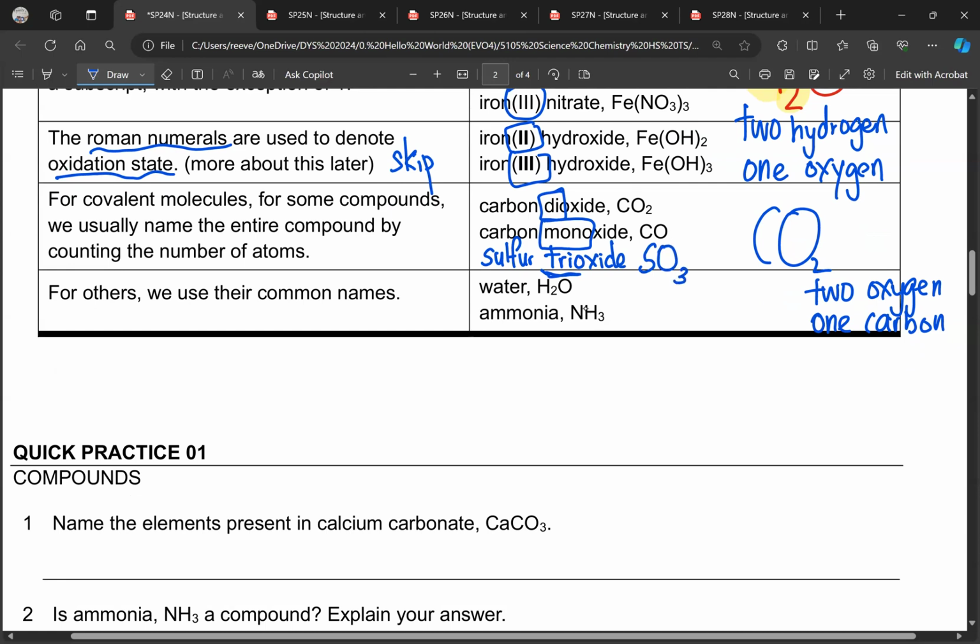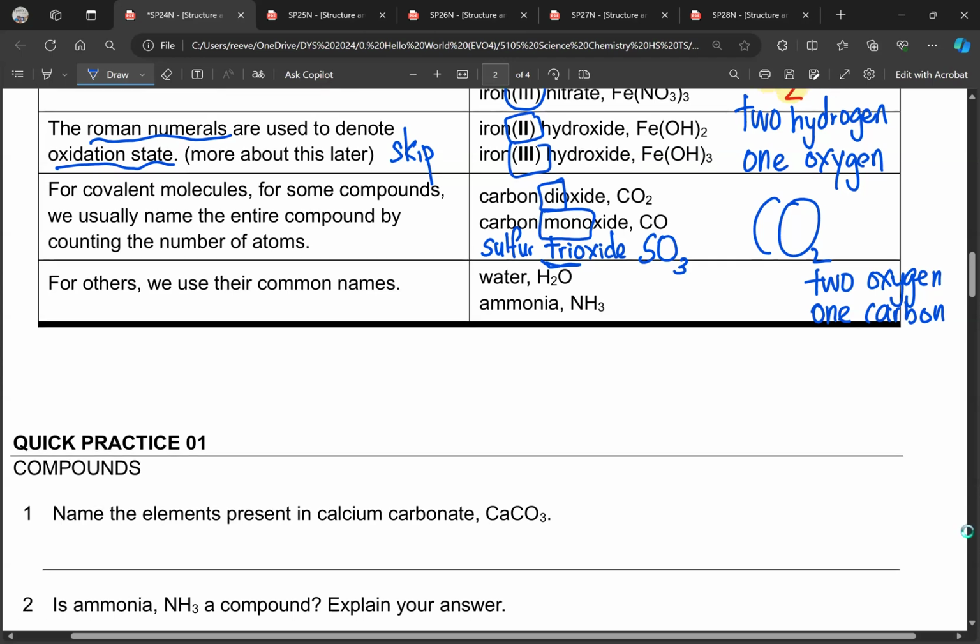So I repeat, sometimes you see the name di, tri. Di means 2, like diameter. Tri means 3, like triangle or tricycle. Mono means 1. Just take note of the di, tri, mono.